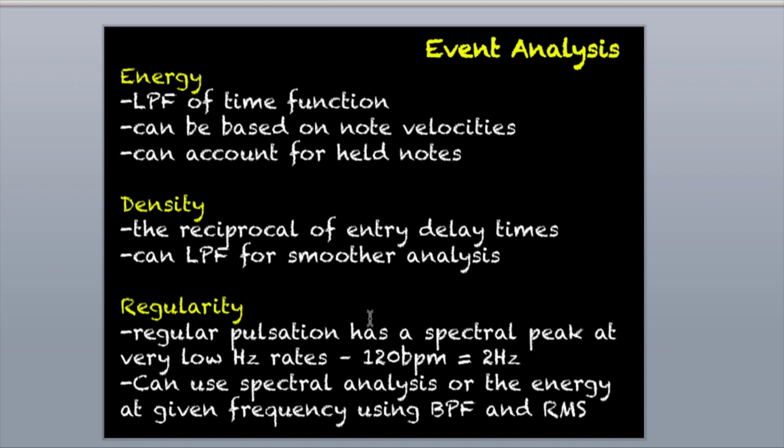But there is no reason why a bandpass filter could not be set at 2 Hz in between two other bandpass filters at 1.5 Hz and 2.5 Hz. Then you essentially have a filter bank, and you can use amplitude estimation, RMS estimation on those different filters in the bank and figure out the difference between the peaking one and the ones on the side, and you could get an estimation of the regularity.